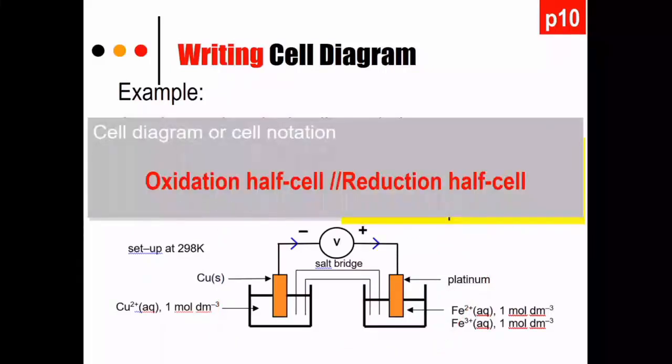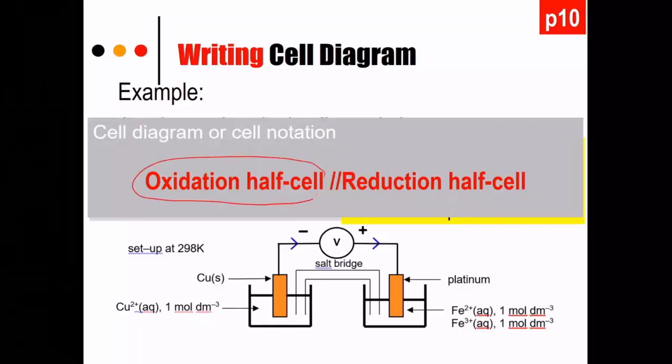In a cell diagram, you must write the components in the oxidation half cell, then separate it with two slashes and write down the components in the reduction half cell. Separate the two half cells with two lines.